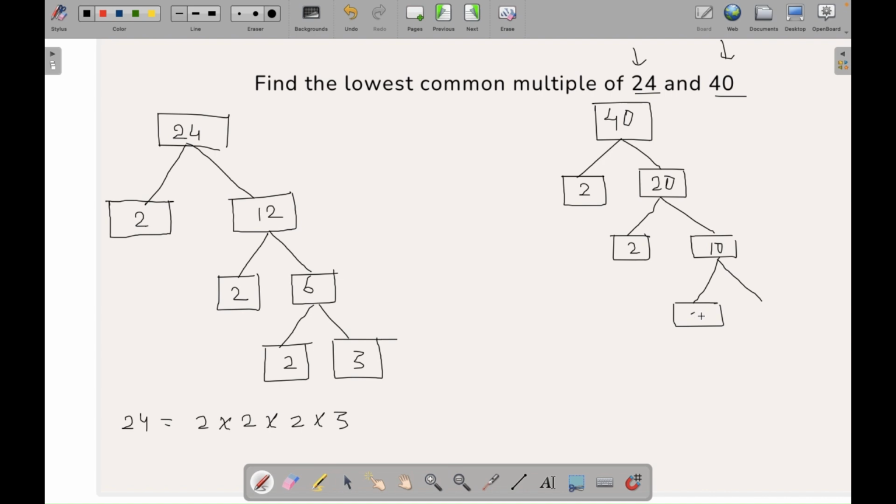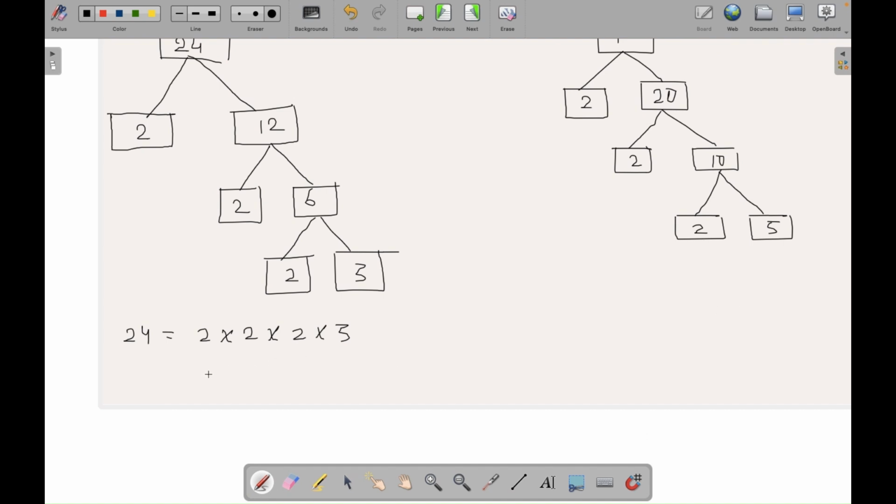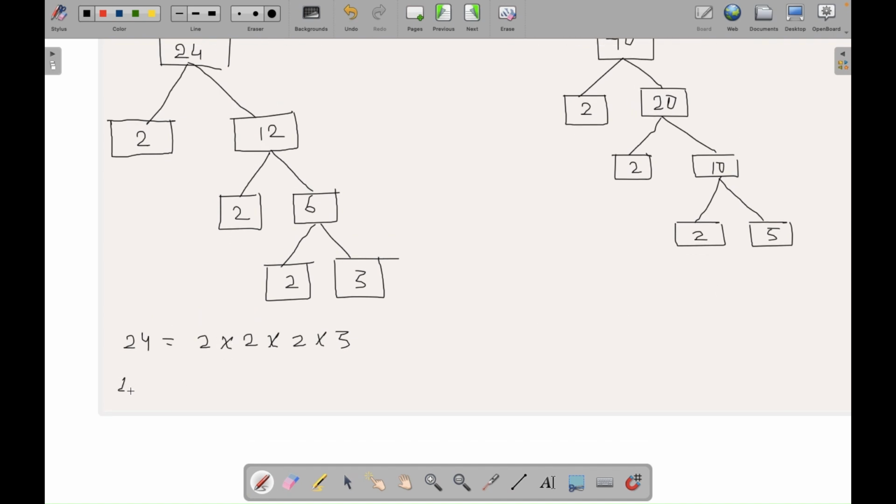So 2 times 5 is 10. Both of these are prime numbers. Right? So 40, I can write as 2 times 2 times 2 times 5. We can again cross check. 5 times 2 is 10, 10 times 2 is 20, 20 times 2 is 40.